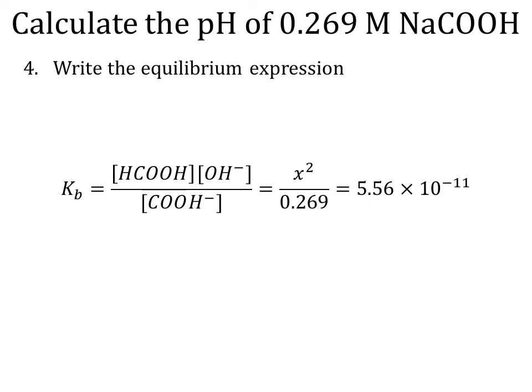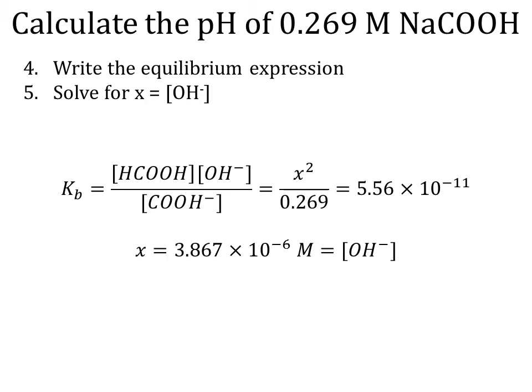We then plug in the values from the equilibrium line of our ice chart, where x is equal to the formic acid concentration and the hydroxide concentration, so x squared is in the numerator, and 0.269 is approximately equal to the formate concentration. We then set that ratio equal to Kb, which is 5.56 times 10 to the negative 11.